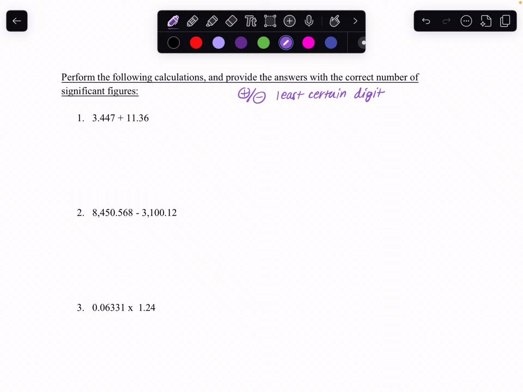I'm looking for the least number. Although be careful thinking about it that way. I know I just said you could, but if the number doesn't have a decimal point, it would behoove you to understand what least certain digit means, especially if we're dealing with purely whole numbers, okay? So that's how we're determining sig figs with addition and subtraction.